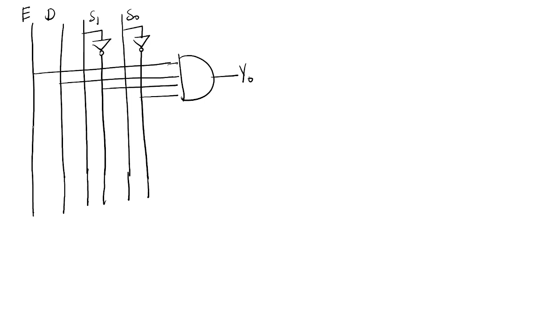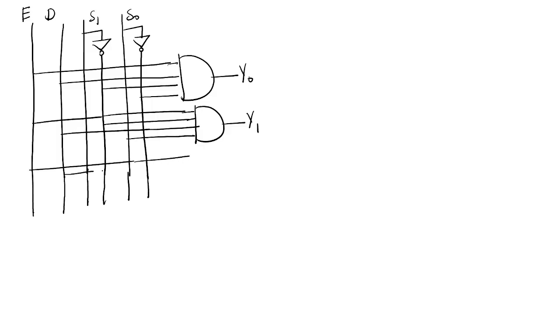Okay. Again enable, S1 bar, D is also there, and S naught, connected with an AND gate. This is Y1. Enable, D, again next S1, S naught bar, connected with an AND gate.